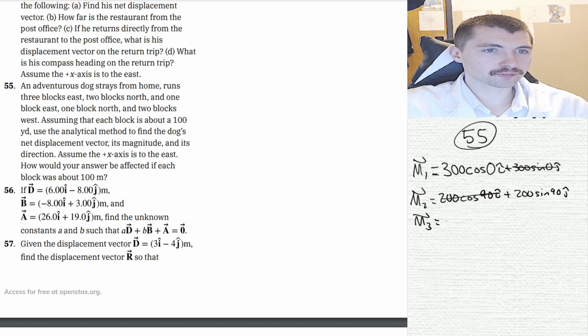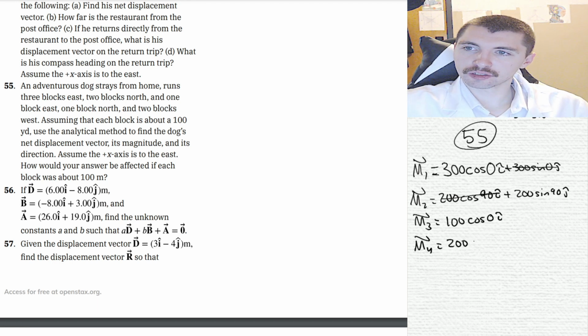M3, 1 east. So 100 cosine 0 i. 2 blocks west. So 200 cosine 180.